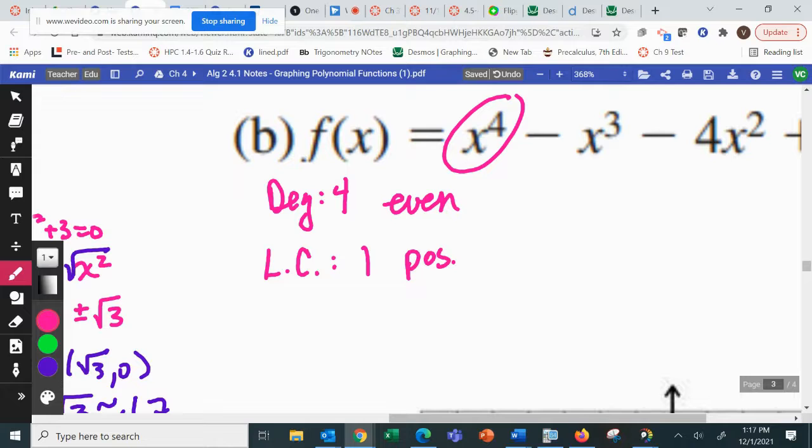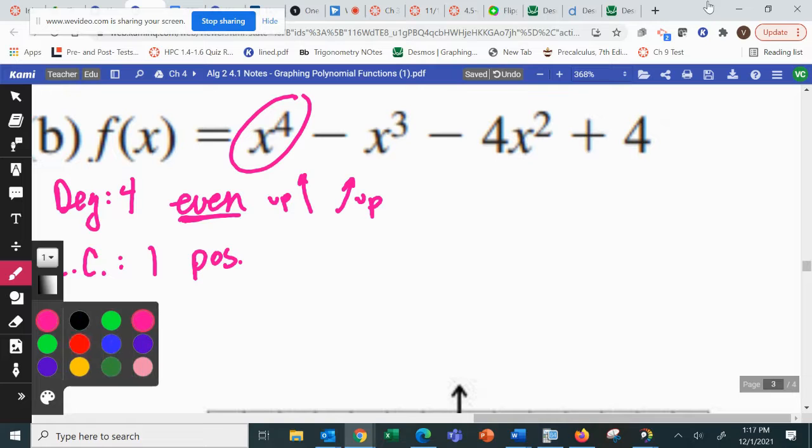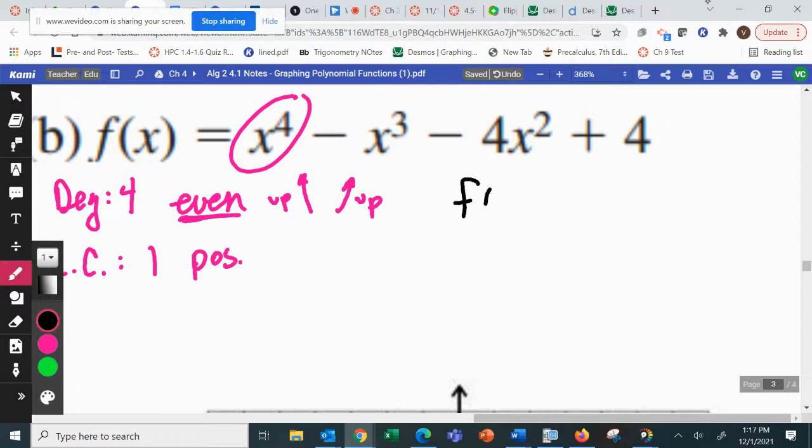So when I graph this, when I have anything even, I think about a parabola. Parabola is even. So we know it's either up, up, or down, down. And then we look at positive and we know that it's up, up. End behavior for this one would always start with the f of x, and it's going up, so that's positive infinity.